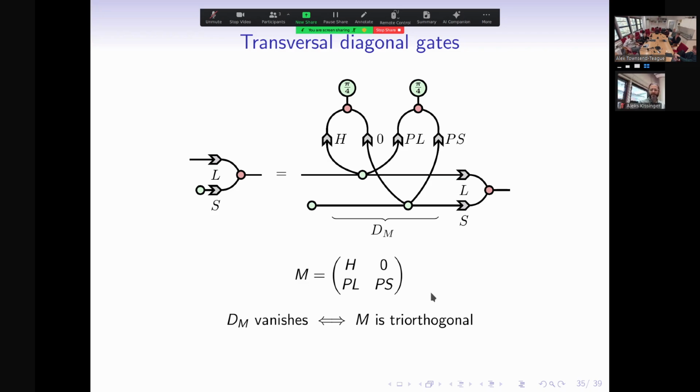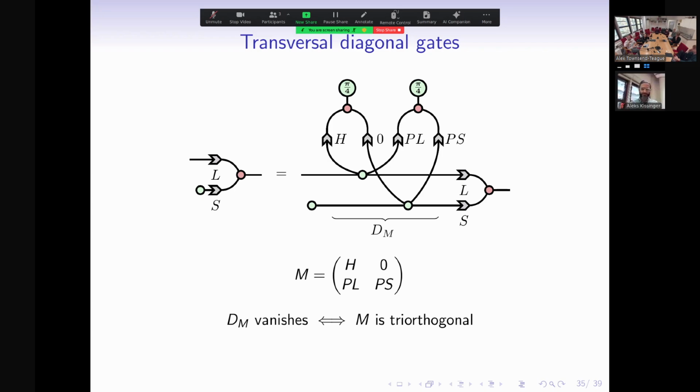Then this matrix M is triorthogonal exactly when you have what's usually called a triorthogonal code, like in Bravyi and Haah. So this condition is, I think they call it a generalized triorthogonal code. These are the things which implement, say, transversal CCZs or transversal controlled S, that sort of thing.